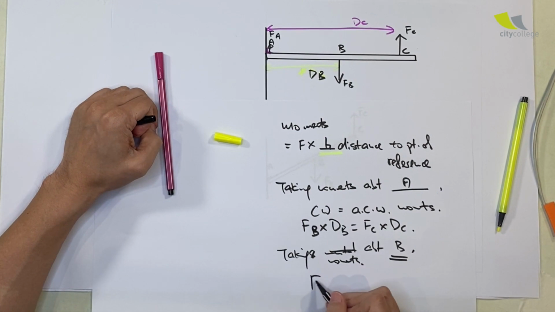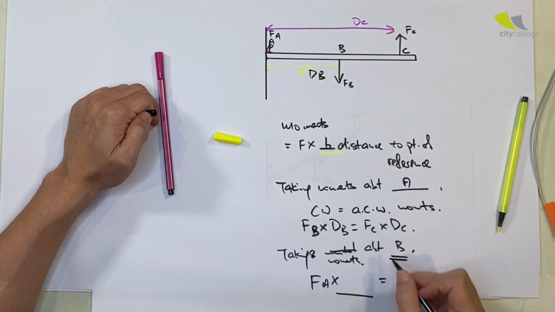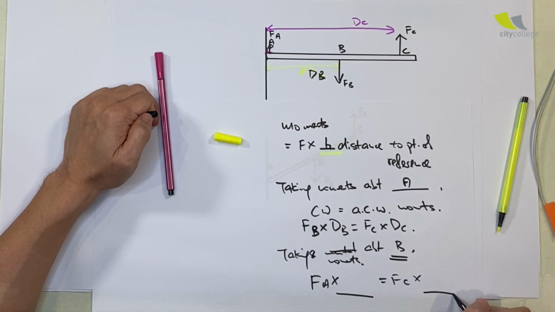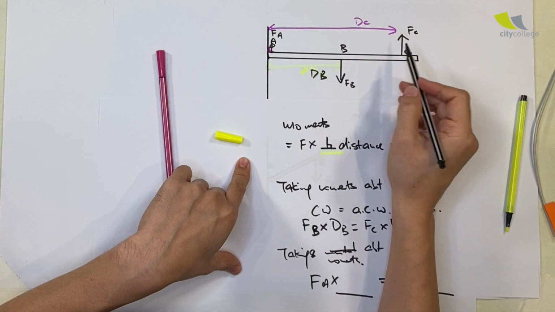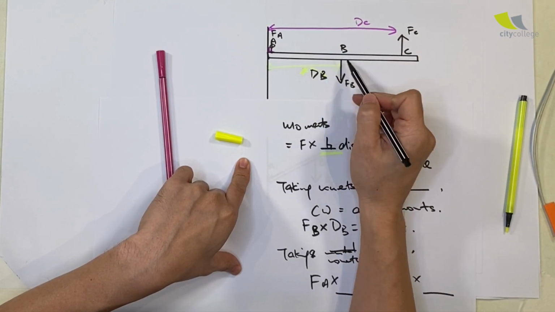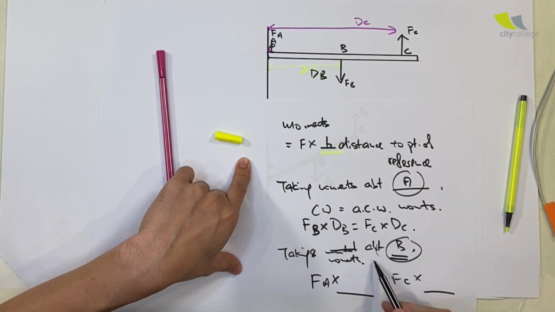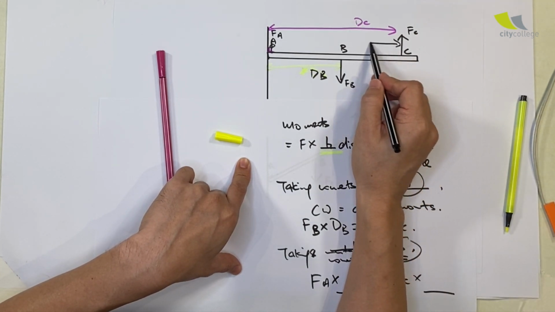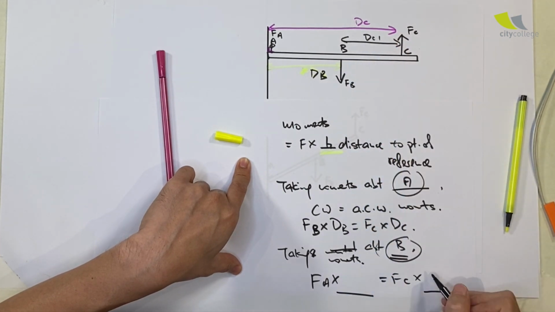Then FA multiplied by something equals FC multiplied by your distance. In this case, your distance of DC will be just to our point of reference. So this is the key, this is the center of the clock. So the distance will be from here to here. Let's call this DC1.